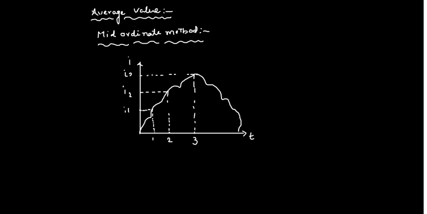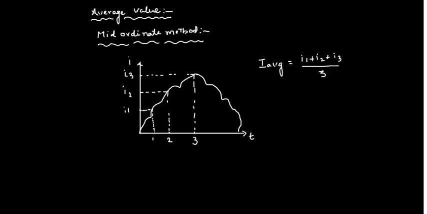Here I have taken different values of magnitudes at different instants. By the mid-ordinate method, I average is equal to the summation of all these magnitudes by the total number of instants. Here we have taken 3, so I average is I1 plus I2 plus I3 by 3.